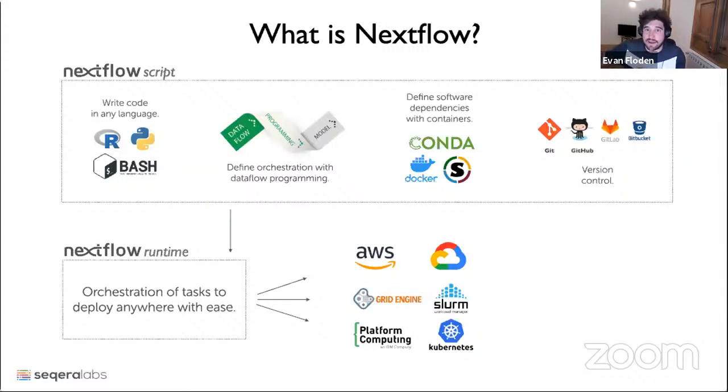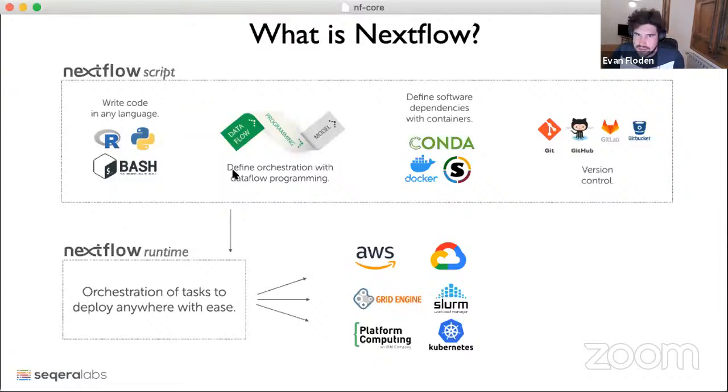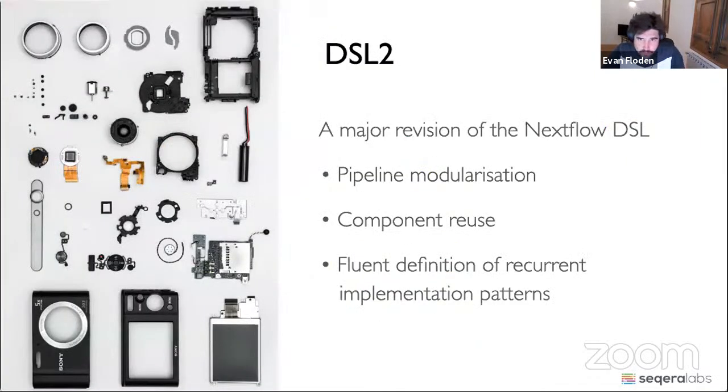And then the second part is much more related to what the inputs and outputs of those are, what the channels are, the data flow programming side that we see here. The separation of these two things is one of the main aspects of DSL2, along with several other new additions which can result from that change.